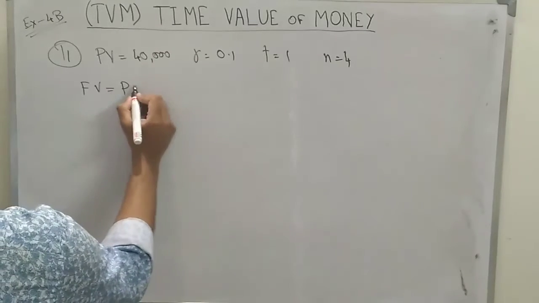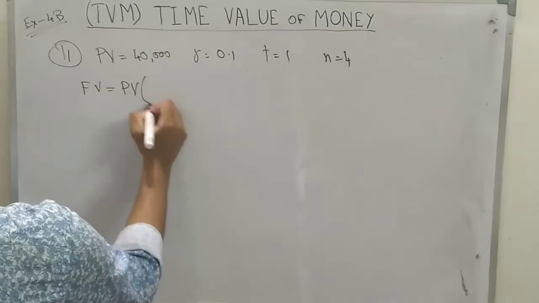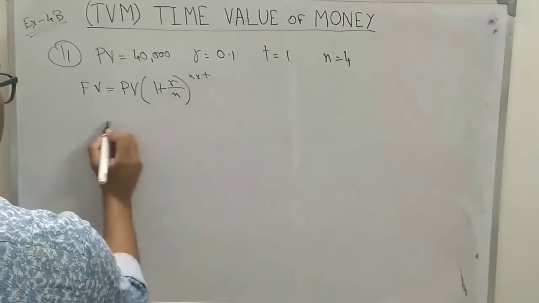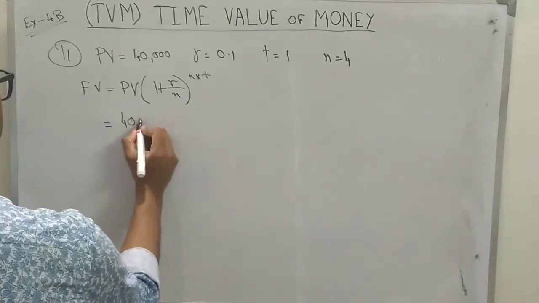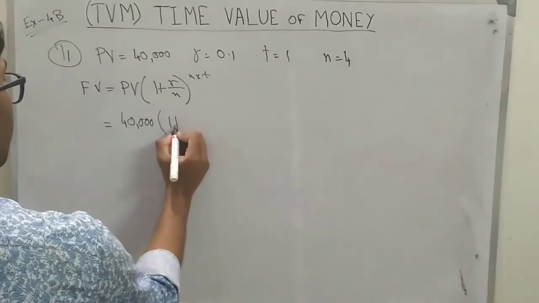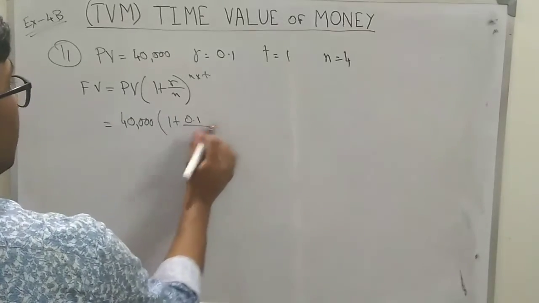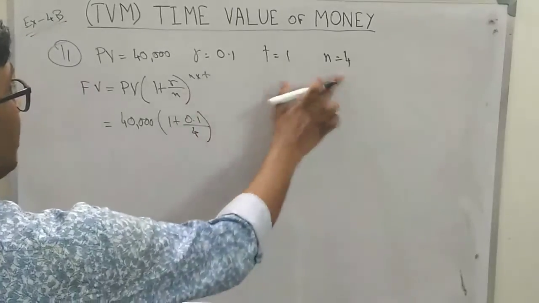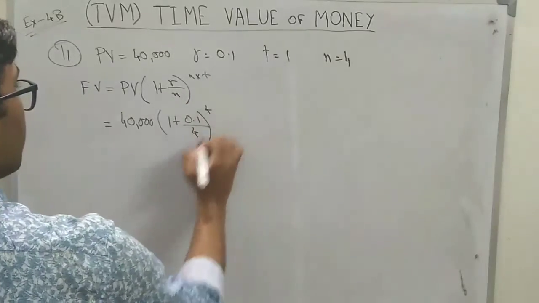Then the formula is future value equals present value into 1 plus r by n to the power n into t, which is 40,000 into 1 plus 0.1 by 4, to the power 4 into 1, that means 4.